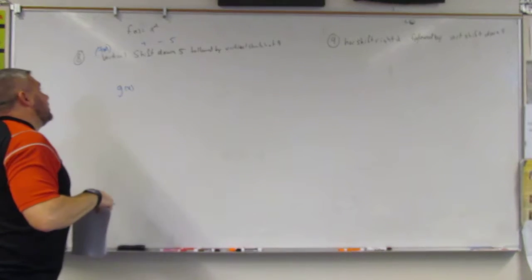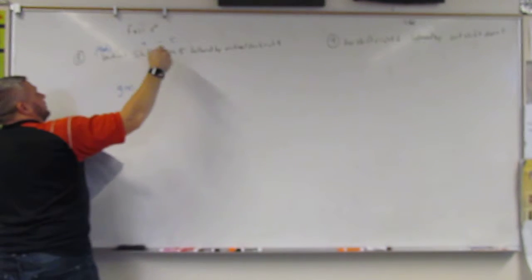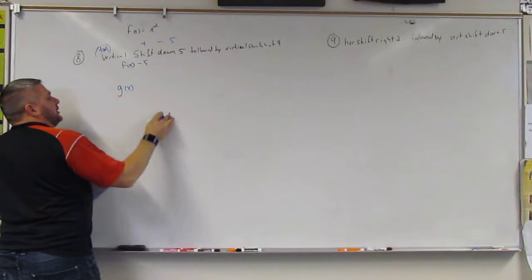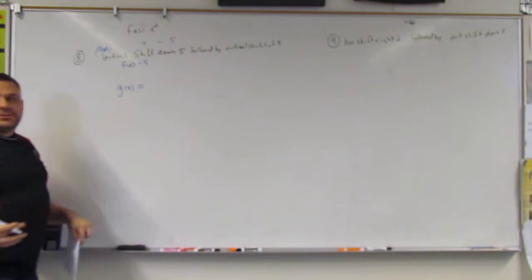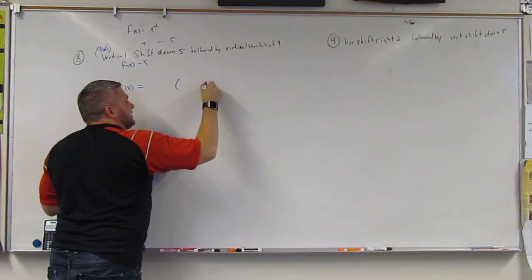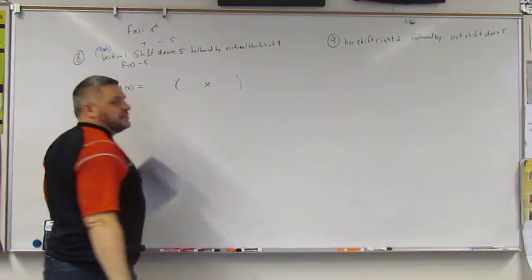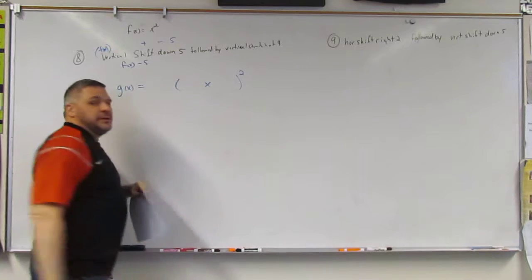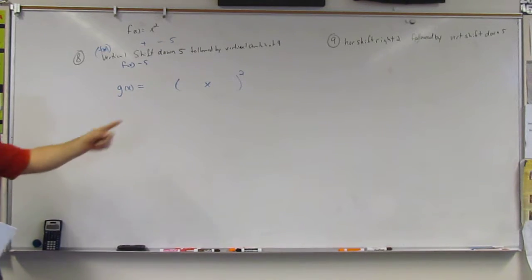So that means f of x minus 5, so g of x is equal to, and we're going to go space, parentheses, space x, space, parentheses, and then we have our 2 up here, right, from the square.